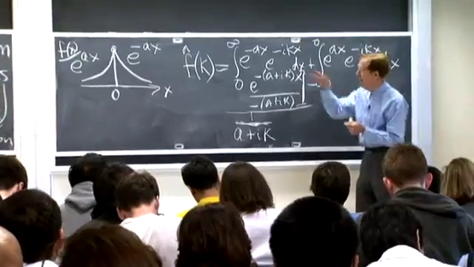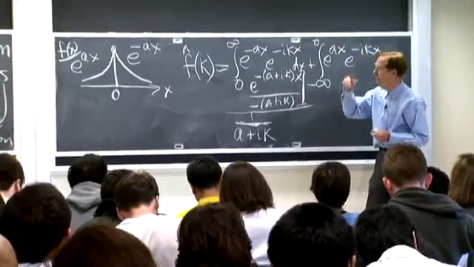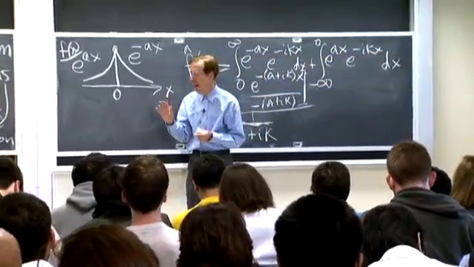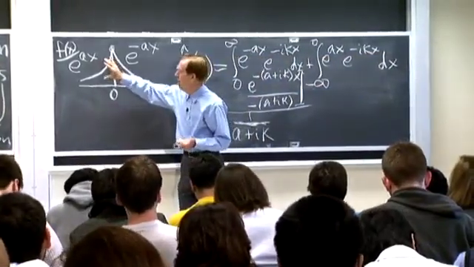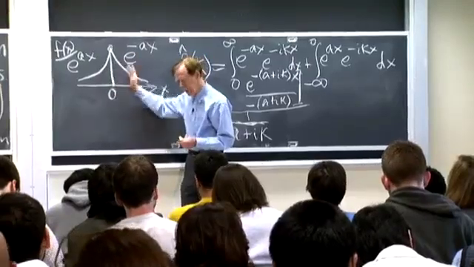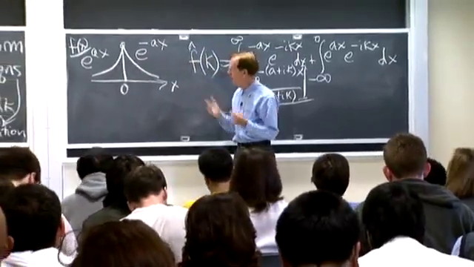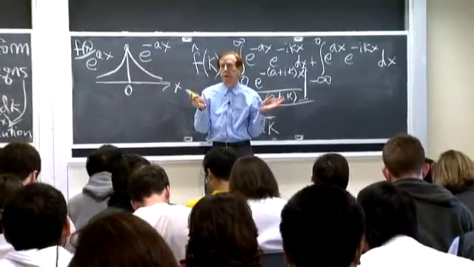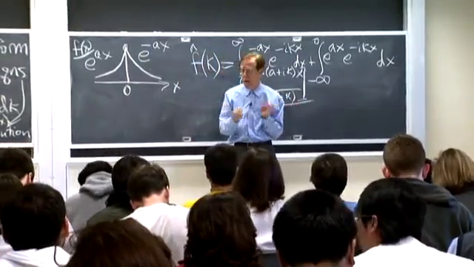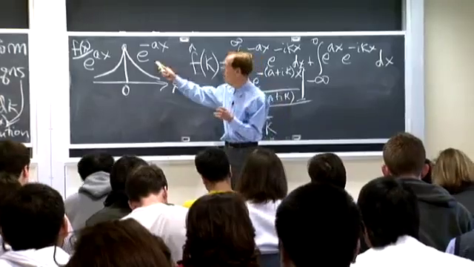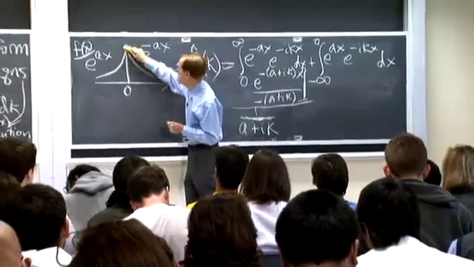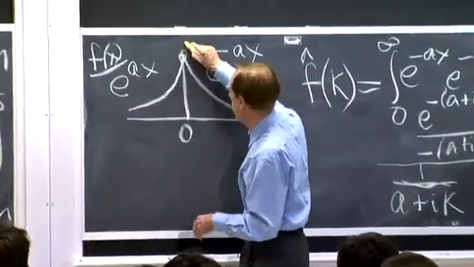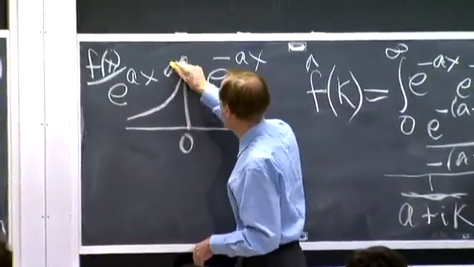All right, but now I'm making it even. What are you going to guess for the rate of decay of f hat of k for this function? This function no longer has a jump, but it does have a corner. It is not a smooth point here, because the derivative going up is plus a.